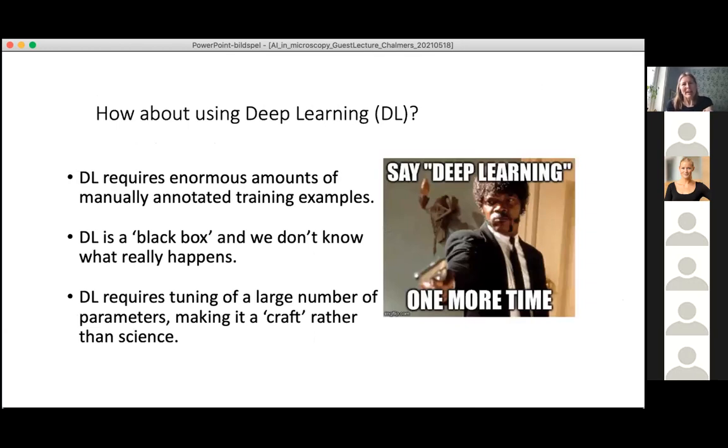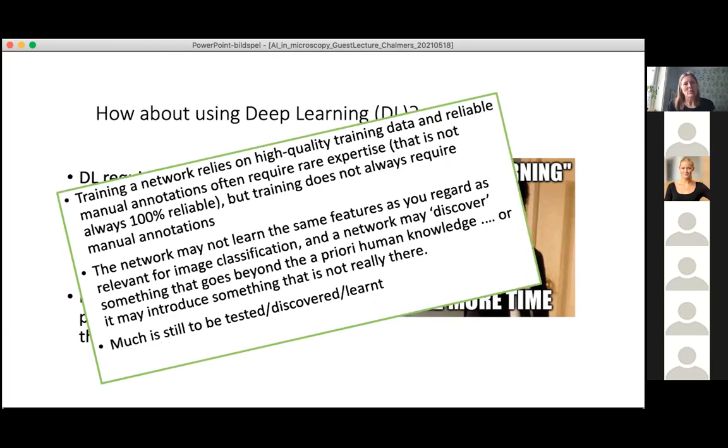So if we go back to where we started, with all these downsides of deep learning, what I want you to take home from today's lecture is that training a network really relies on high quality training data. And it relies on reliable manual annotations that often requires rare expertise.